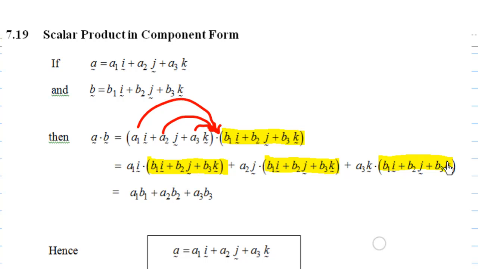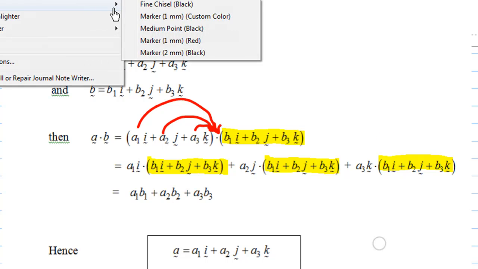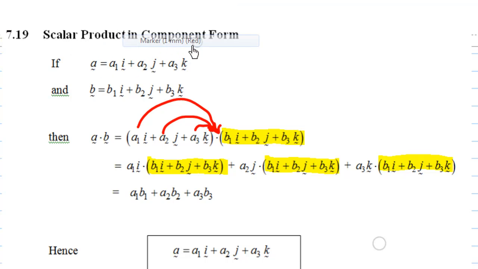Now as we do the distribution, we know that i dot j is equal to 0, i dot k is equal to 0, and so you only have A1 and B1 in the first term.